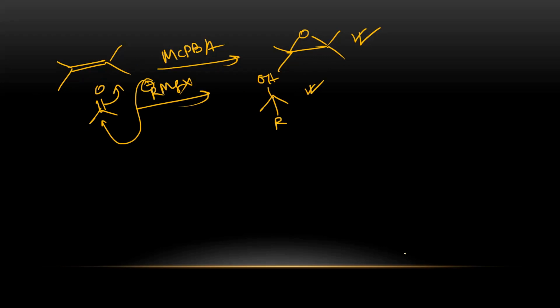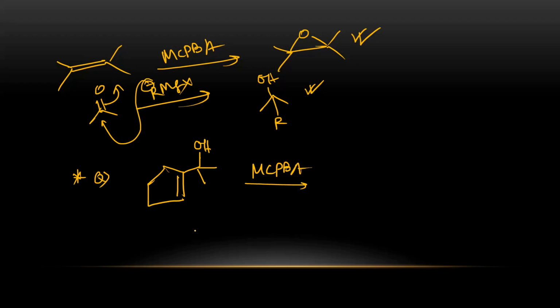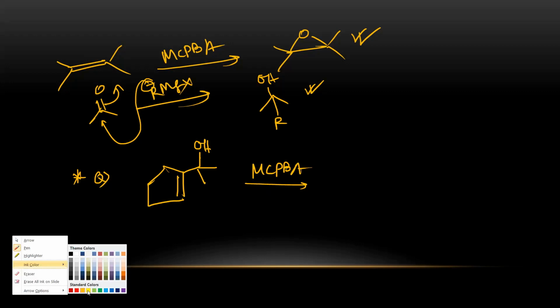Now the question is, this 5-member ring with one double bond, OH, 2 methyl, MCPBA. What will happen? Only MCPBA.